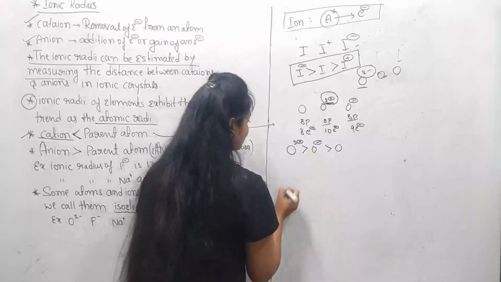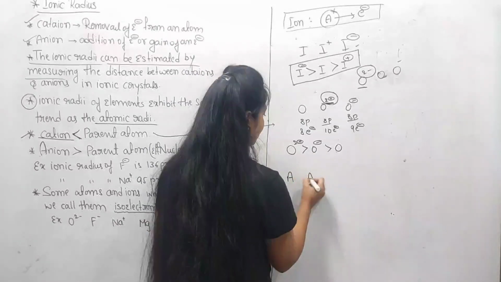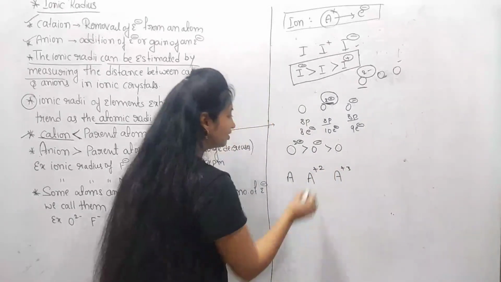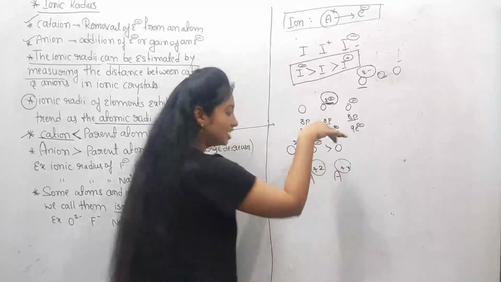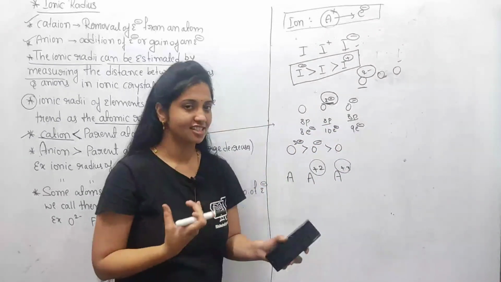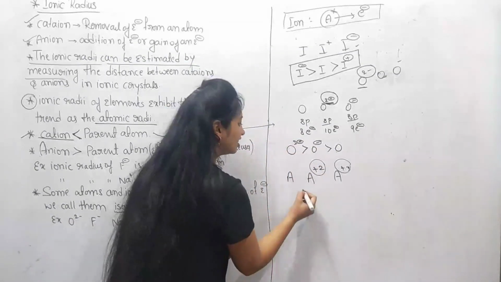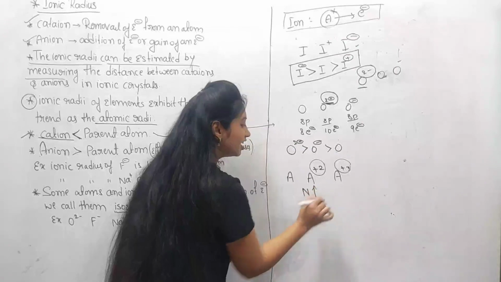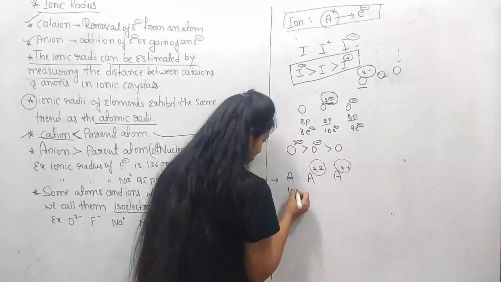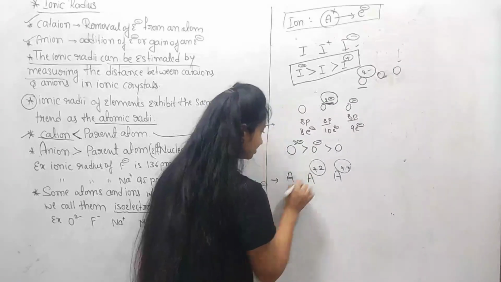If the positive charge, consider a general element A plus 2, A plus 3. As the positive charge increases, the ionic radii decreases, because the removal of electrons takes place, then the nuclear charge increases. Consider atom A having 10 protons and 10 electrons.